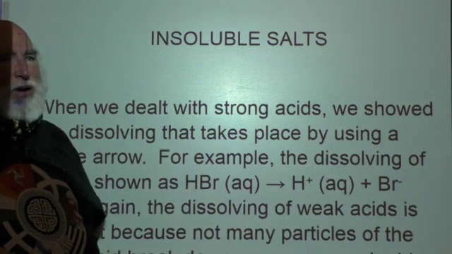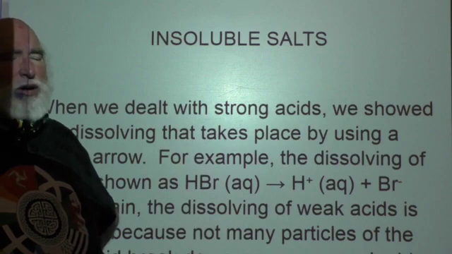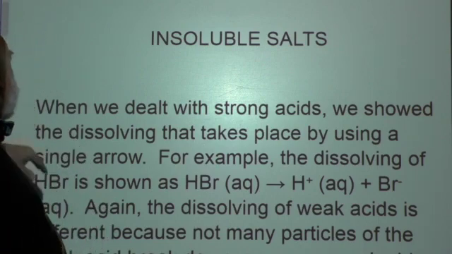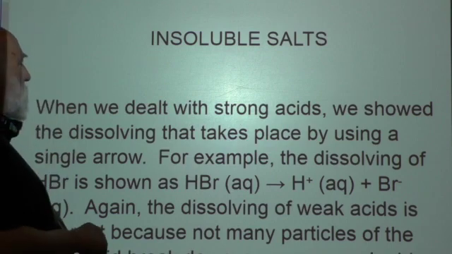But they're not very dissimilar from the acids and bases that we just talked about. So let's talk about that and see the chemical equations that we write to represent them.